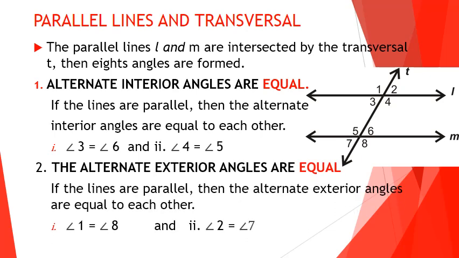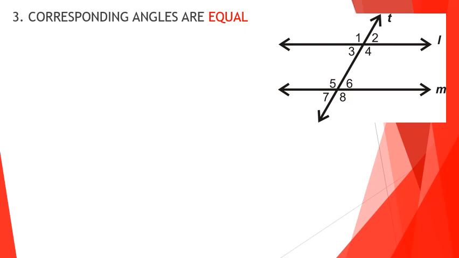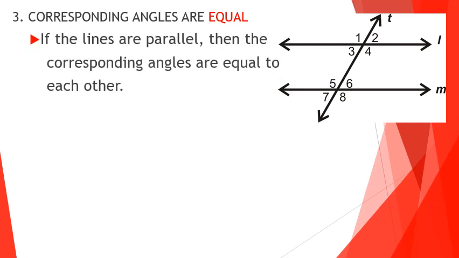Second, the alternate exterior angles are equal. If the lines are parallel, then the alternate exterior angles are also equal. That is, angle 1 equals angle 8, angle 2 equals angle 7. Next we discussed corresponding angles. If the lines are parallel, then the corresponding angles are equal to each other.